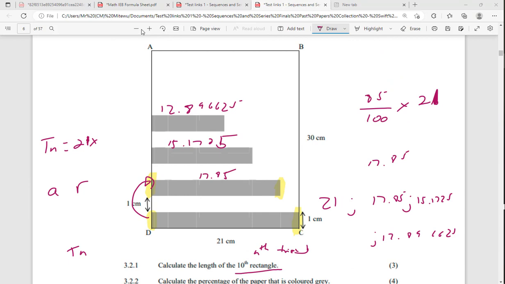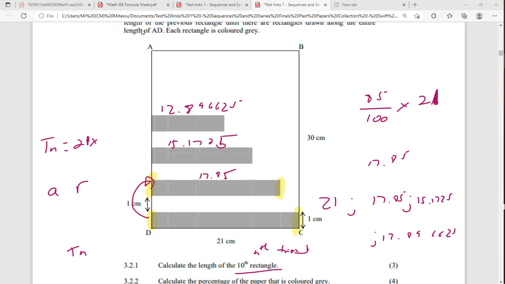What's the common ratio? You're going to do 17.85 divided by 21. Remember, right divided by left. You get 0.85, which is where the 85% comes from, and we can just write that as 17 over 20, to the power of n minus 1.